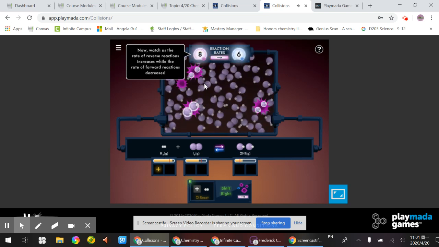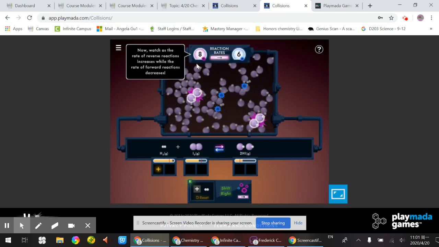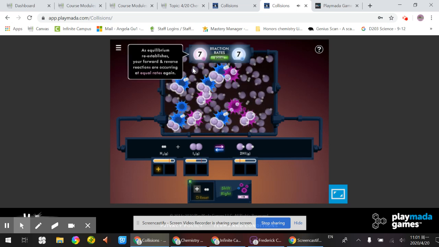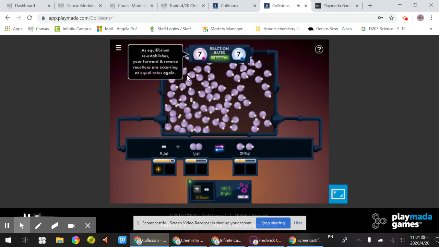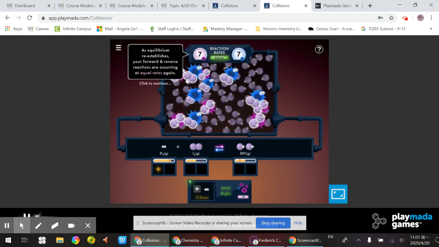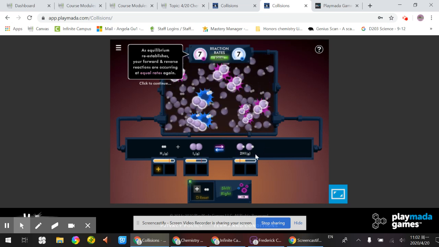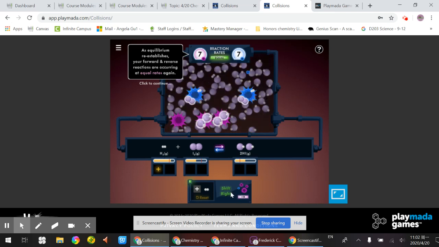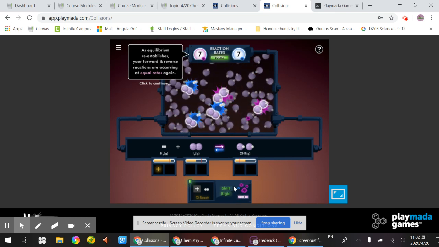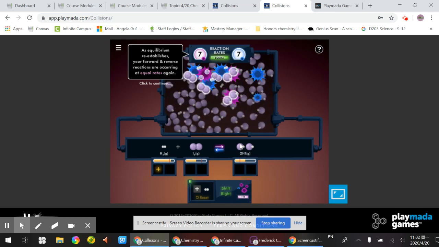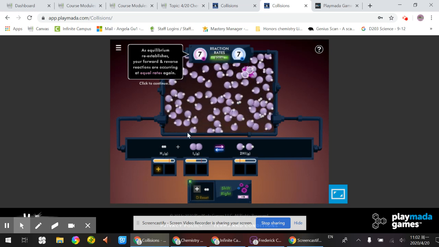And how it reaches that equilibrium is by decreasing the forward reaction rate, increasing the reverse reaction rate, and then it's going to make more products. So now you have more products in here, and that's how you shift right. Shift right means you're making more products. Shift to the left means you're making more reactants.